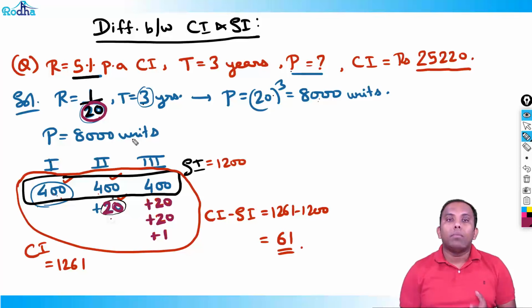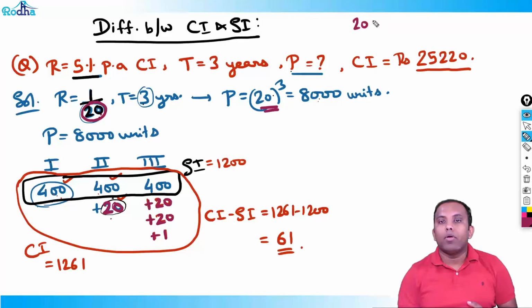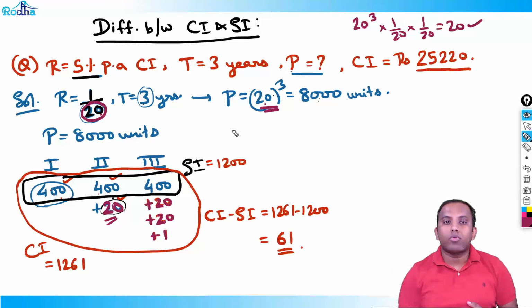Why? Because I am assuming the principal to be 20 cube only. So when I'm doing first time 1 by 20, I'm getting 400. When I'm doing second time 1 by 20, I'm getting 20. So 20 cube into 1 by 20 into 1 by 20 will give me 20 only.